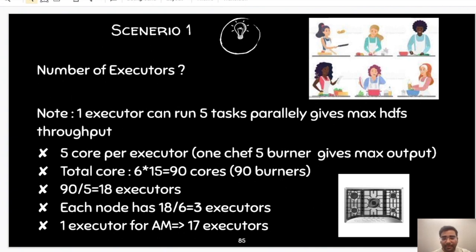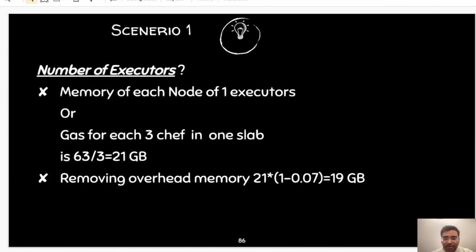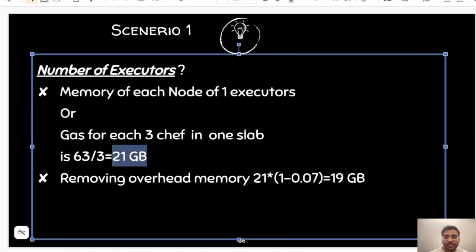Let's take another scenario. If we talk about the memory, why are we dividing it by 3 here? Let's go back.